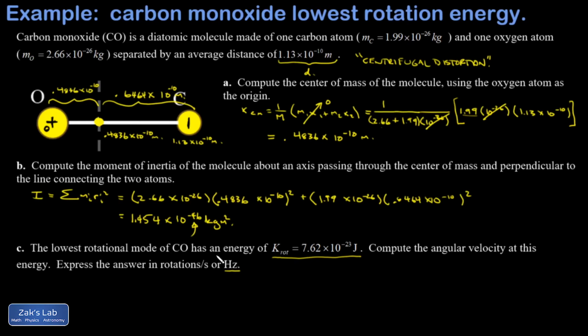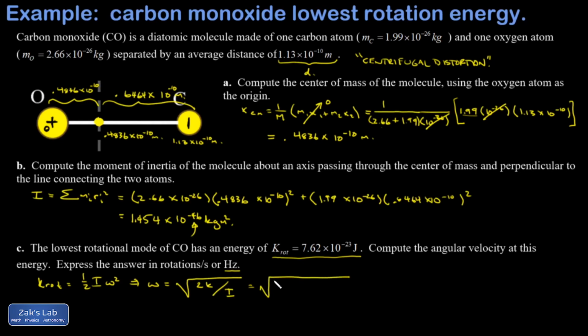The lowest rotational mode of carbon monoxide has an energy that's known to be 7.62 times 10 to the negative 23rd. Get the angular velocity at this energy. So I'm going to write down K rotational is 1/2 I omega squared. And to solve for omega, so multiply both sides by 2, divide by I, and square root it. And omega is going to be 2K over I square rooted.